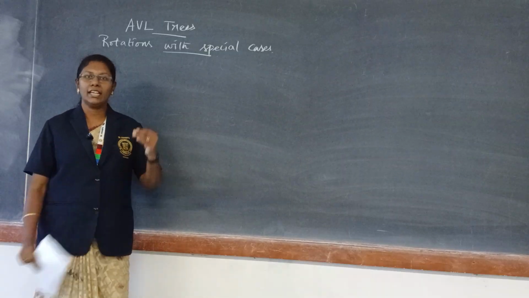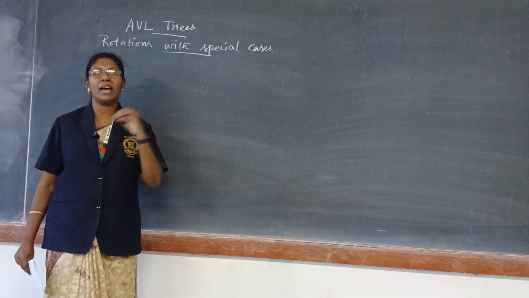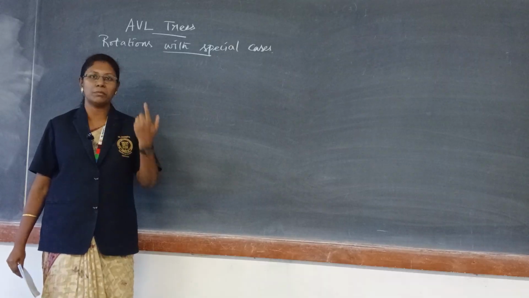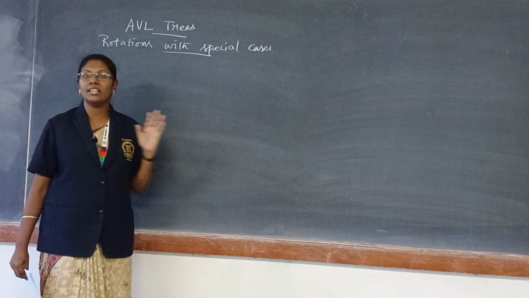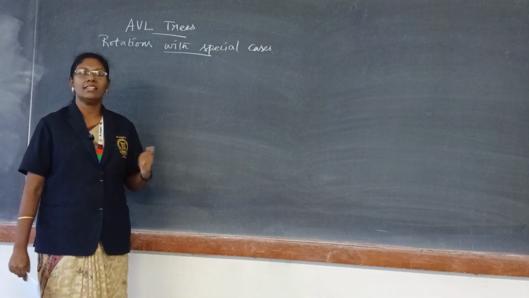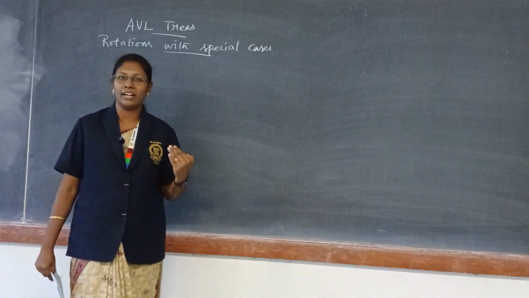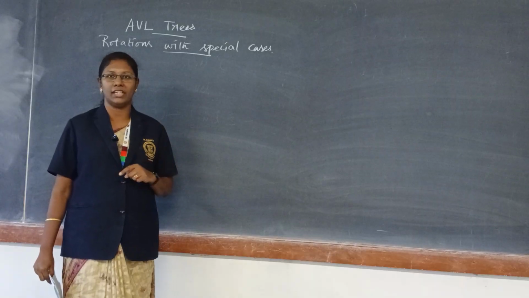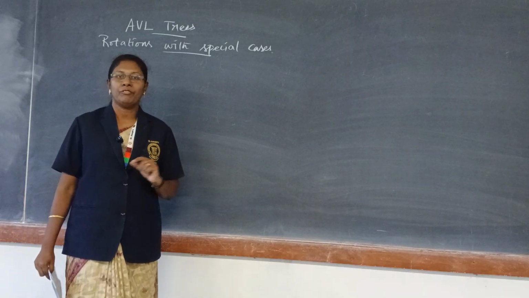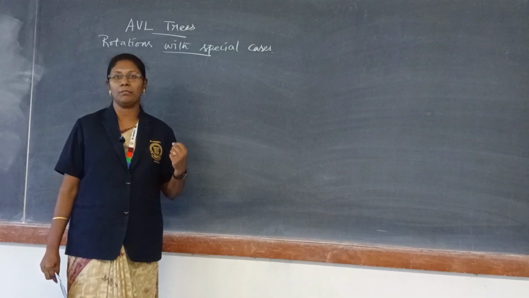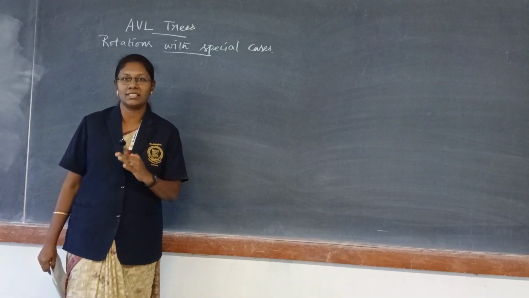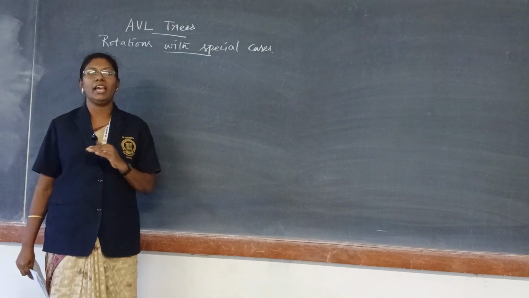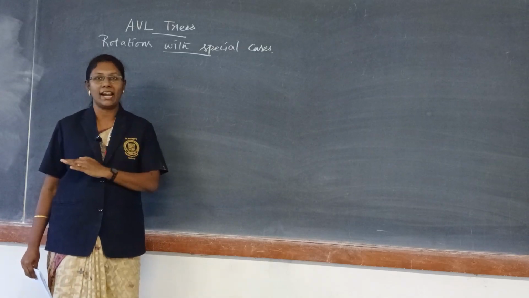So if imbalance occurs, we need to perform some rotations. The rotations involved in AVL trees are single rotations and double rotations. In single rotation, left and right rotations are performed individually, a single time only. Whereas in double rotation, we perform left and right rotations in consecutive sequence, and we can convert the imbalanced tree into a balanced one.